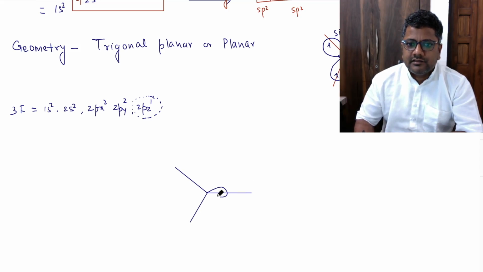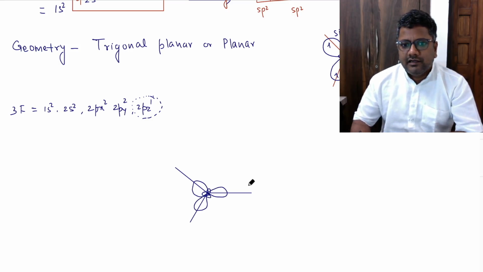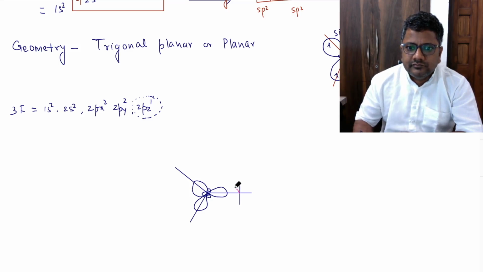This is the sp2 orientation, and now the p atomic orbital of fluorine. Here one electron and one electron overlap.